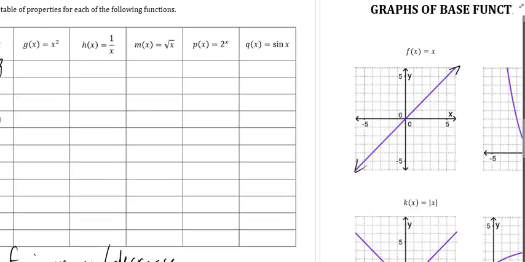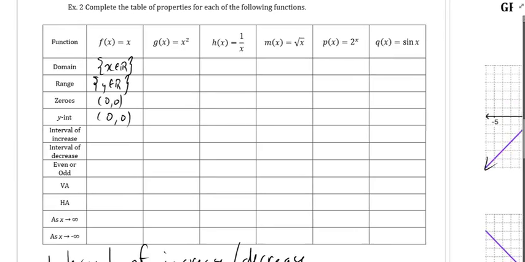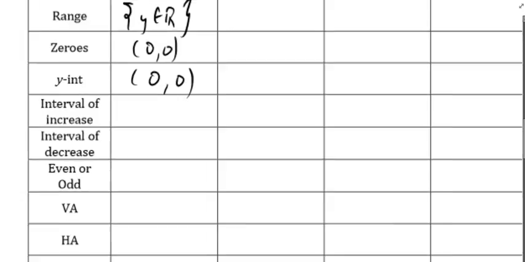As I go left to right for just a linear function, what's happening? Zoe? The y's are increasing by 1 as I go over 1, but the specifics don't even matter. The fact that you said the y's are increasing, that's what we're looking for. Forever. So this is how we would write that.